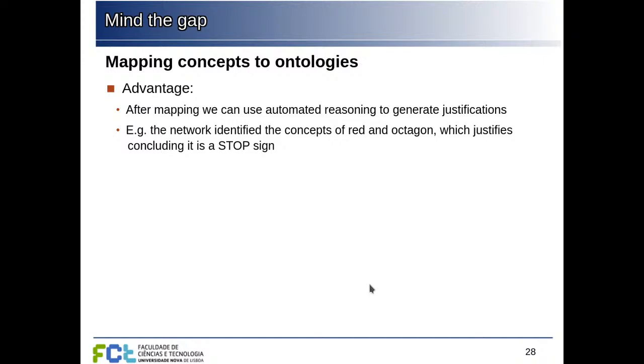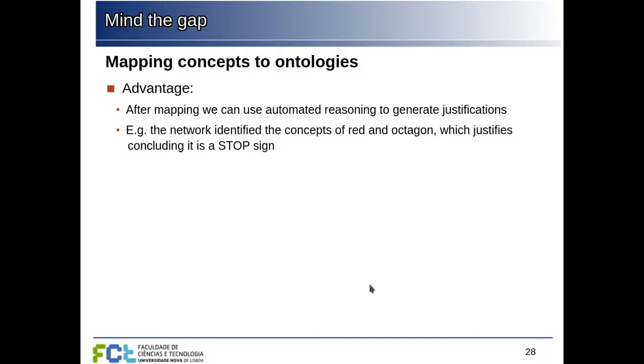For example, suppose that we pass a traffic sign image in the network and we obtain at the output the classification that it is a stop sign. If we also see that the activations are signaling that the network is identifying the concepts of red and octagon in our ontology, the automated reasoning system can immediately explain to us that red and octagon are important features of the stop sign. So this could be a justification of why the network classified that image as a stop sign. So this would be an advantage.